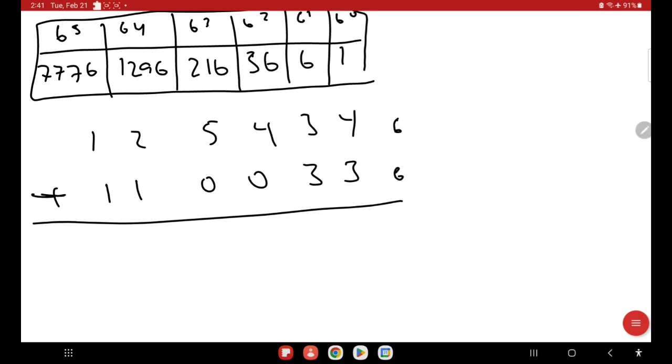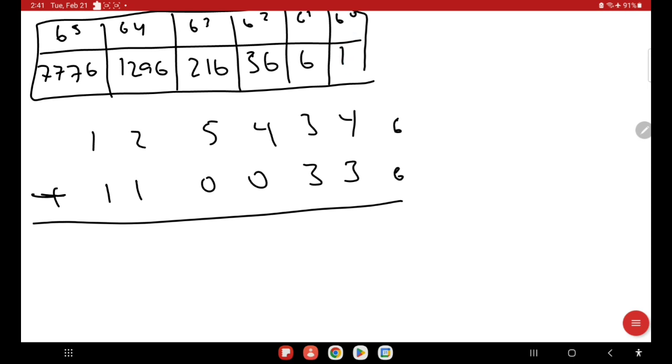Okay, here we're going to add these 2 numbers here. We're going to use a base number of 6. And in order to do that, you've got to understand the placement here. So this is 6 to the 0 power.